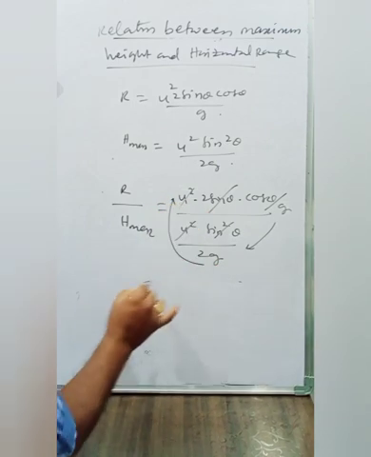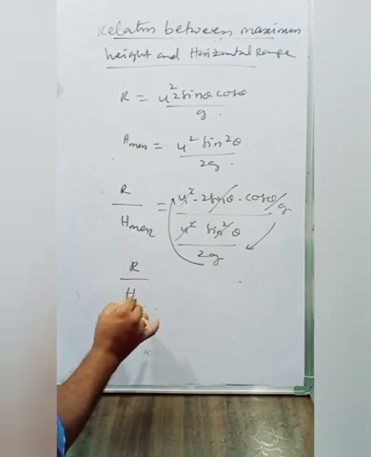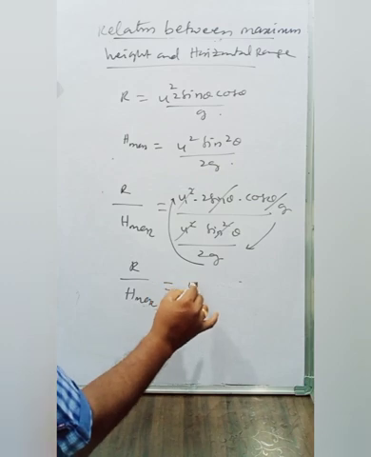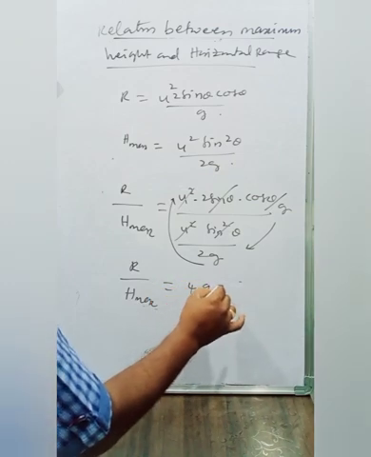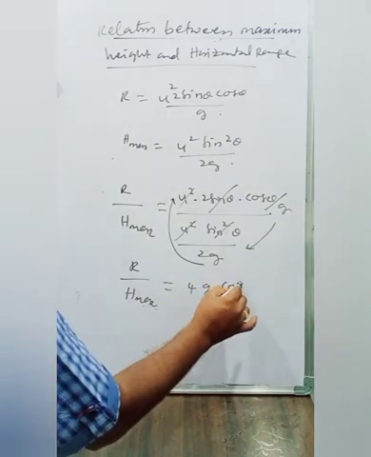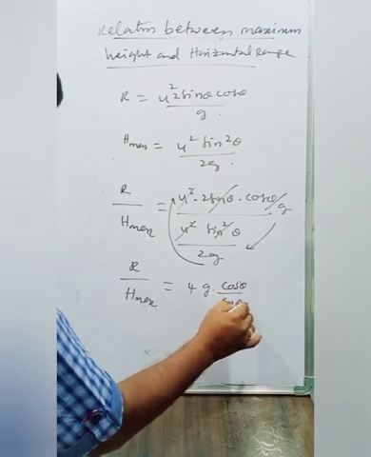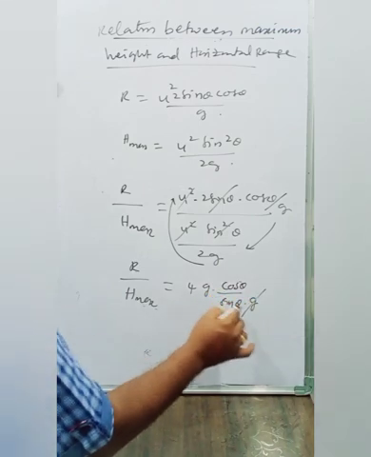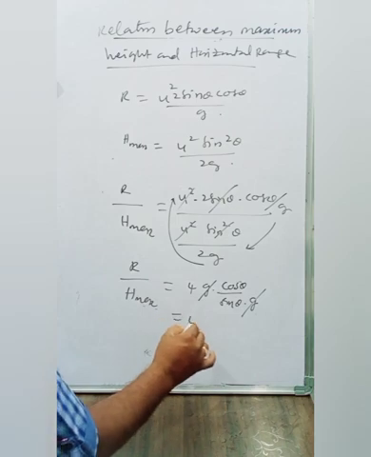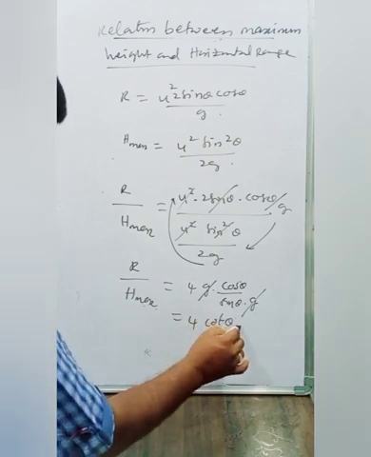So r by h maximum is equal to 4 cos theta by sin theta, which is 4 cot theta.